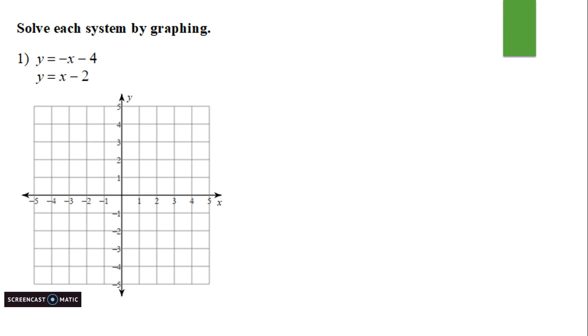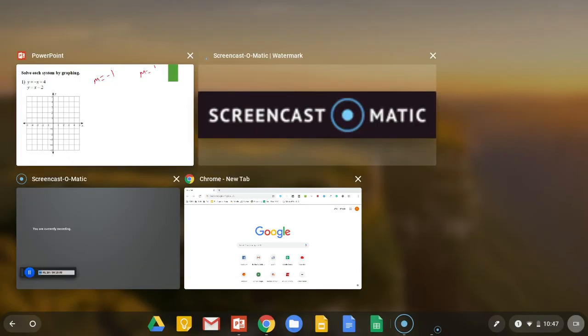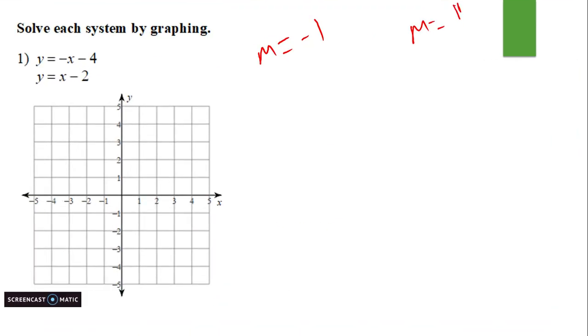All right, so the first systems that I want to look at are just two equations, and so you got two different slopes, m equals -1 and m equals 1, and two different y-intercepts, b equals -4 and b equals -2.